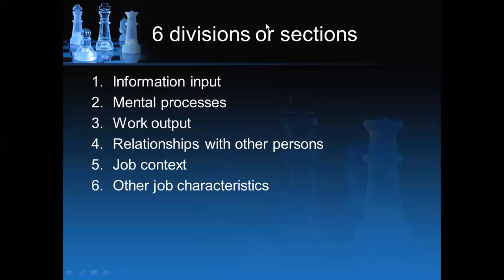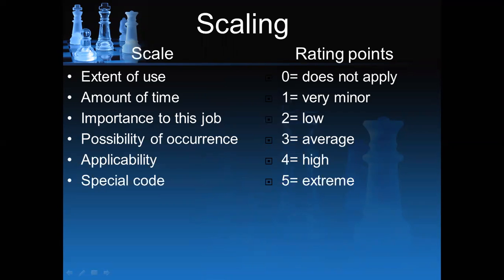So this is the scale which is being used. Two types of scales will be used here, guys. One scale talks about extent of use, amount of time, importance of the job, possibility of occurrence, applicability, and special code. I'll tell you what all these things are.